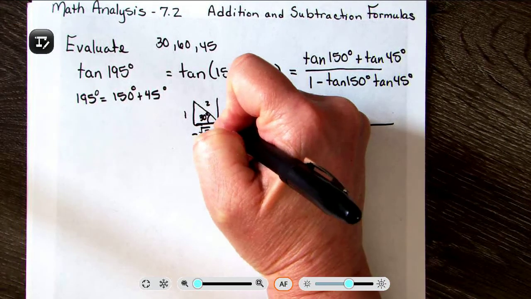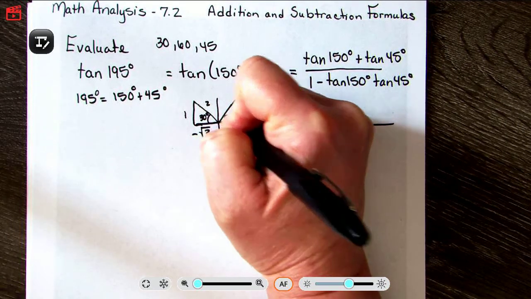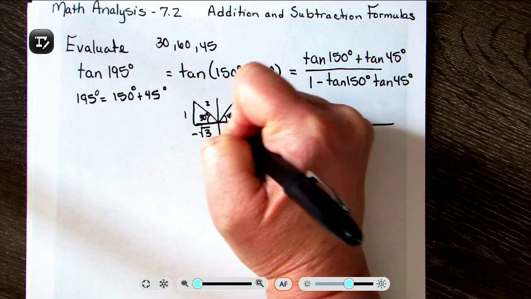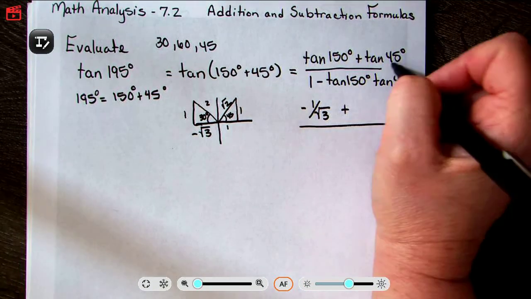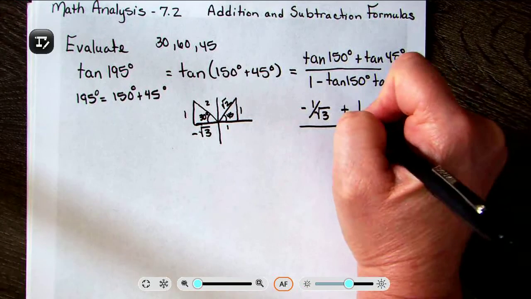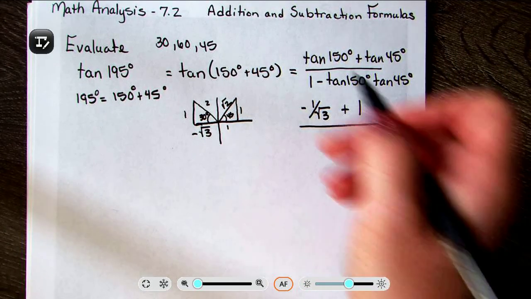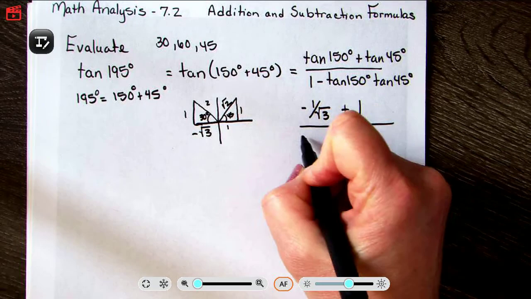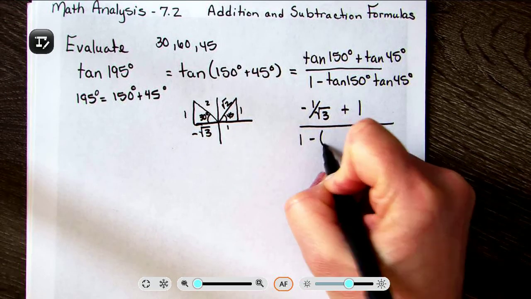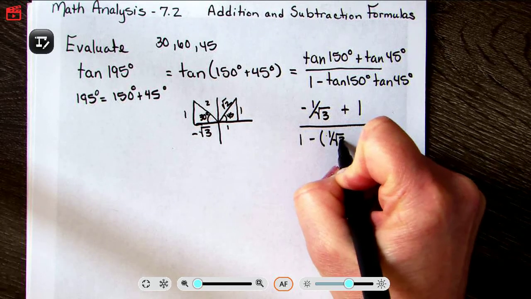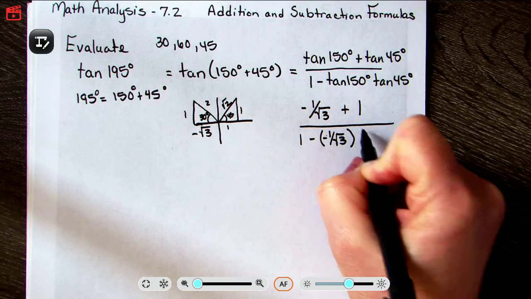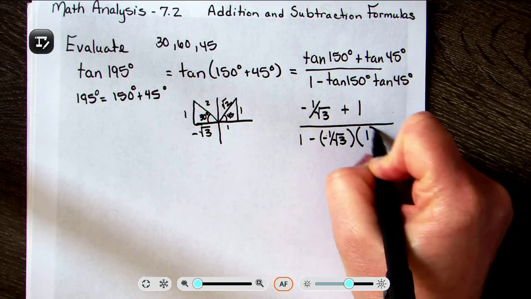I'm going to draw the 45-degree angle in here, and that's a 1, 1, square root of 2, and the tangent would be 1. Now substituting in the bottom, this is going to be 1 over that negative square root of 3, and these are multiplied here.